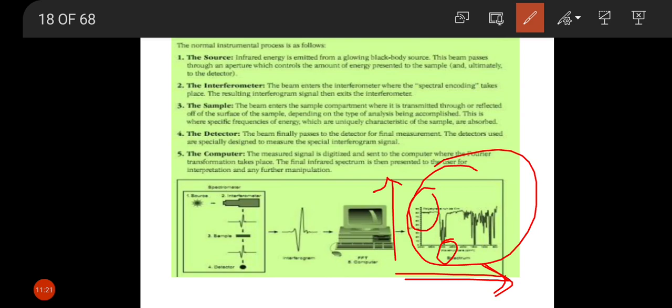Okay, so let's assume that one bond stretches at 400 wave number and bends at 500 wavelength.